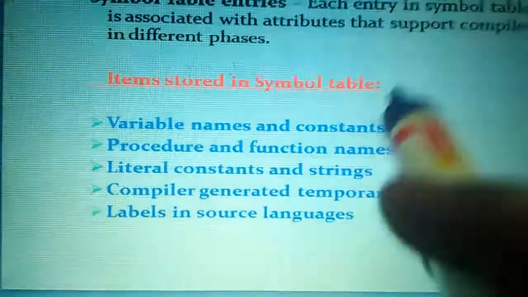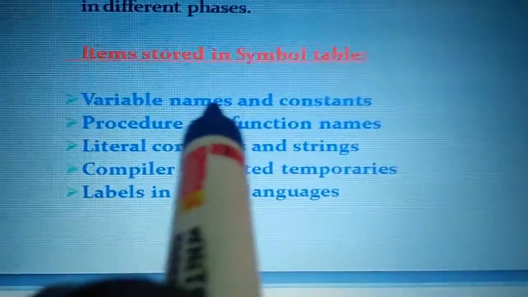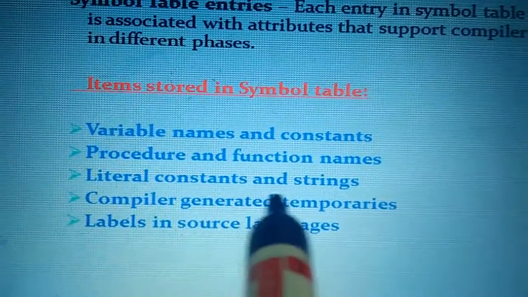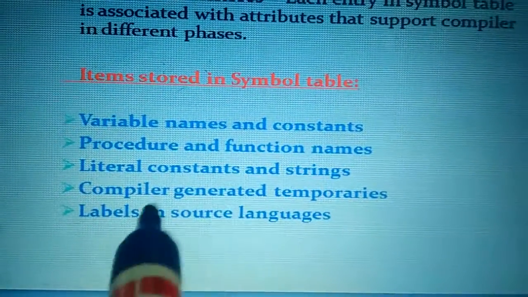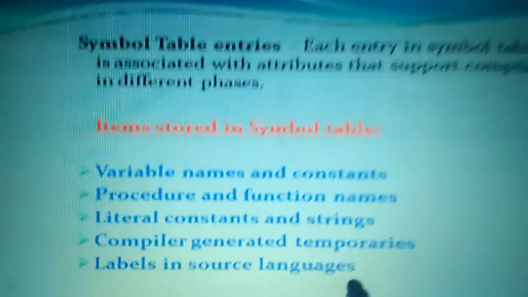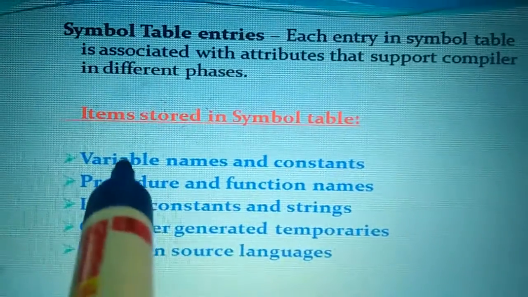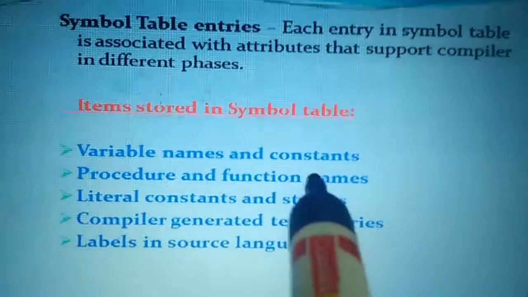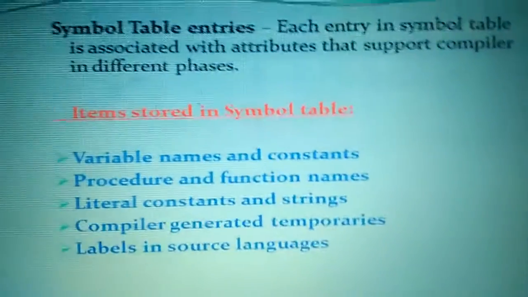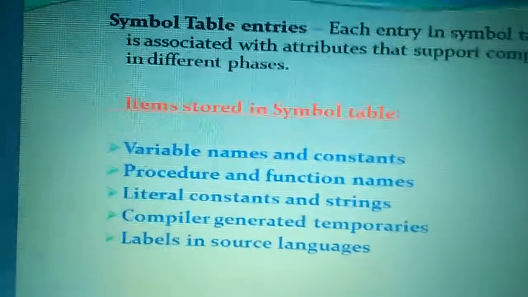So the items stored in the symbol table are, for example, variable names and constants, procedure and function names, literal constants and strings, compiler generated temporaries, and labels in the source languages. These are the items the programmer makes use of, everything other than the basic building blocks of a language.